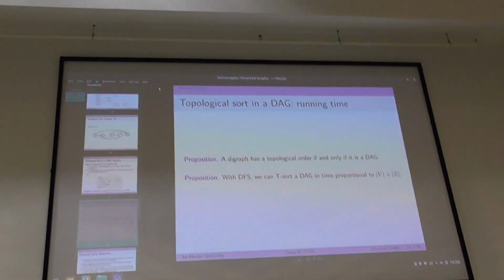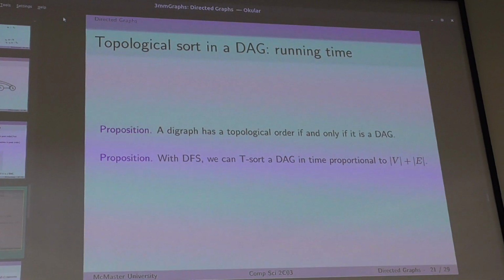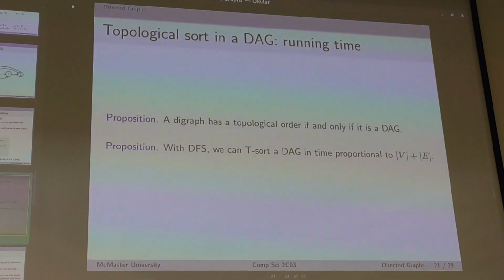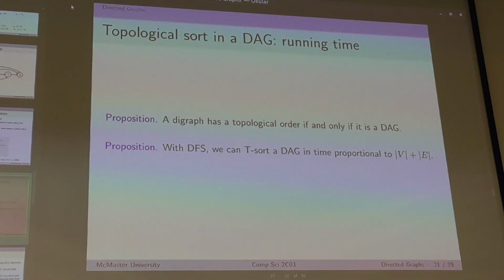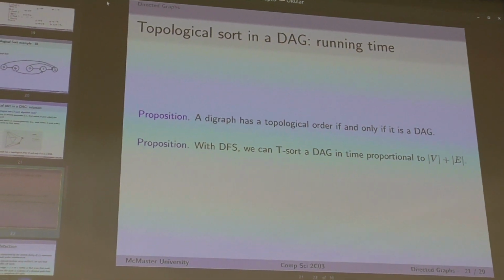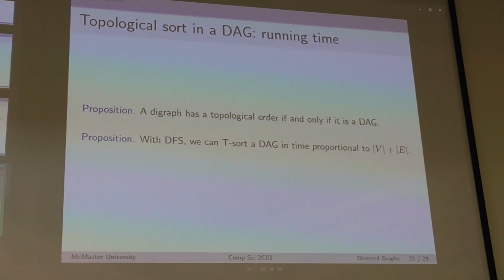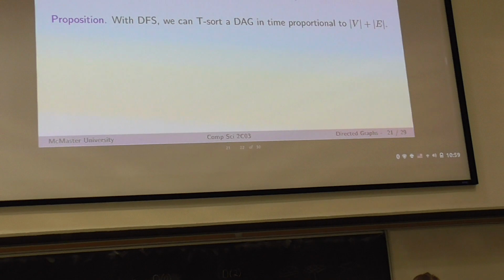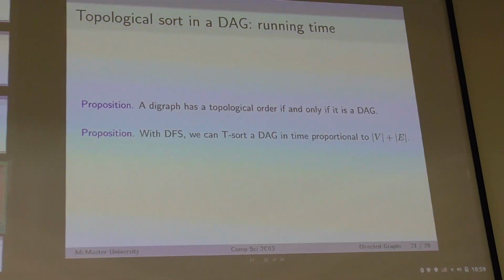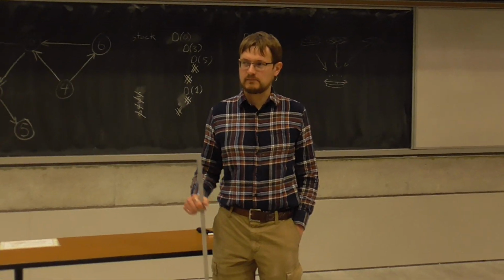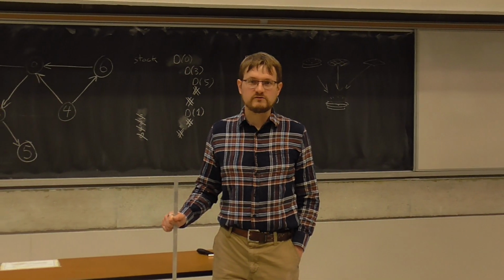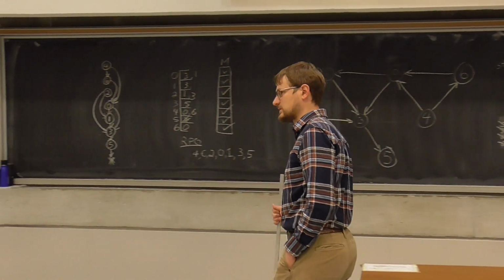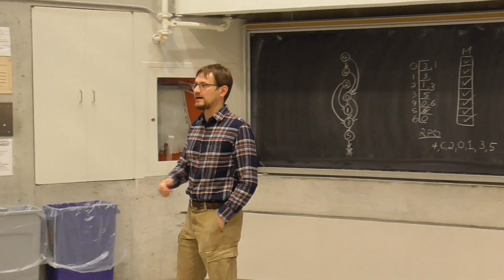So let's talk about running time. A digraph has a topological order if and only if it is a directed acyclic graph, as has been read. We've leaned on that point quite a bit. With depth first search, we can produce a topological sort in a running time proportional to the number of vertices plus the number of edges. If you remember, back when we were discussing depth first search, the running time of depth first search itself was proportional to the number of vertices plus the number of edges, or the cardinality of both sets.